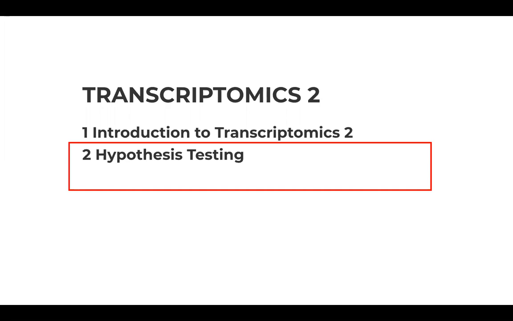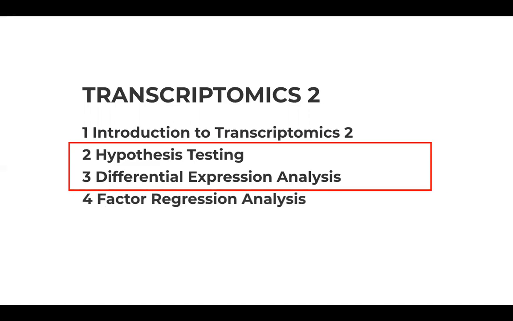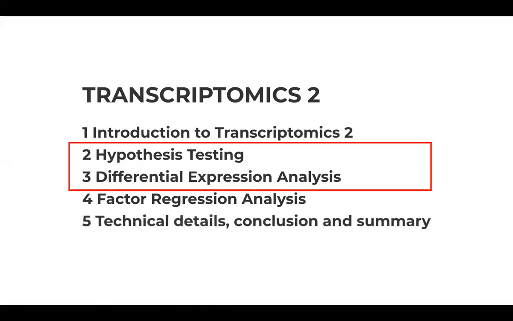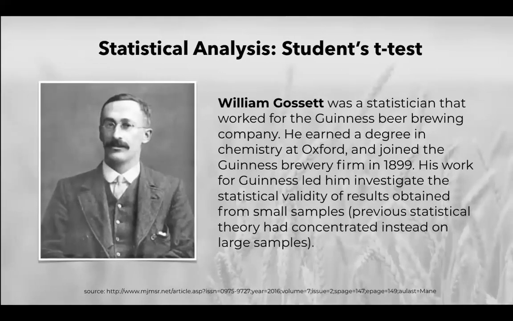We will be seeing that. And then differential expression analysis, which involves advanced methods for normalization, analysis, and interpretation of differentially expressed genes. Then we will be talking about factor regression analysis and other technical terms in transcriptomics too. These are the objectives that we have to reach.